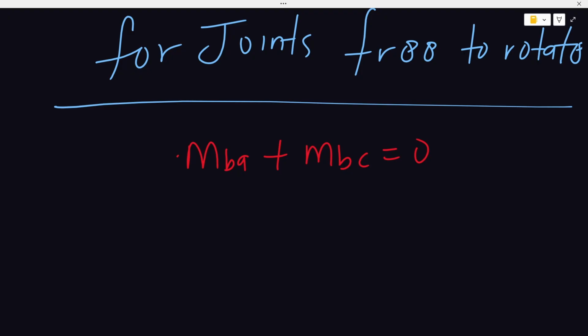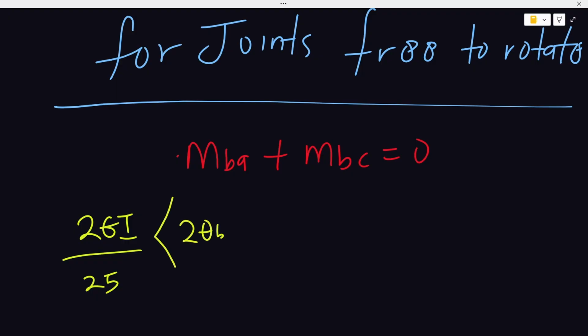Now substituting my slope deflection equations, remember MBA was 2EI over 25 times 2 theta B minus 3 this thing, but it cancelled, minus 43.2. This was MBA.